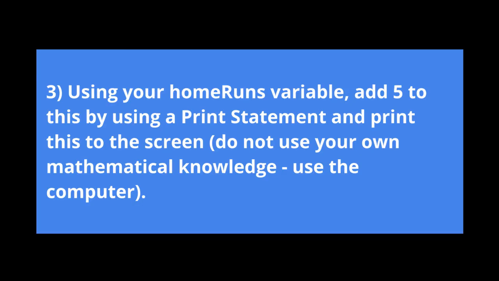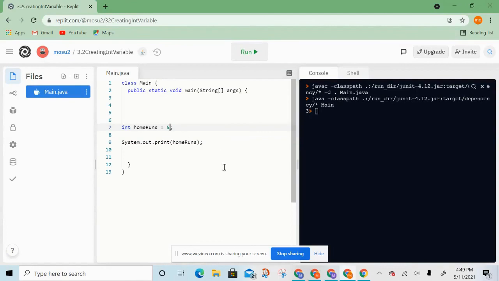All right, last question. Using your home runs variable, add 5 to this variable inside of a print statement, and then print this to the screen. Okay, guys, so this is our code from the previous problem. We have our int home runs equals 5, and then we have our print statement, which just prints out the value of home runs. Now, according to our problem, it wants us to add 5 to the value of home runs inside of our print statement.